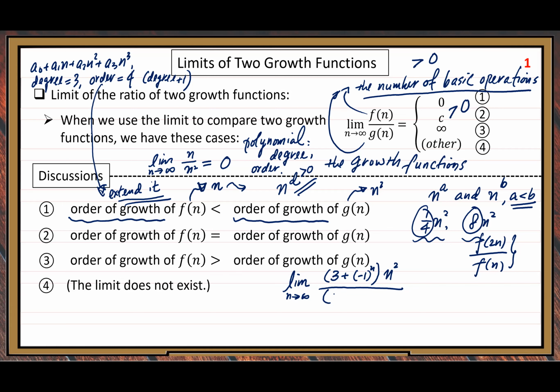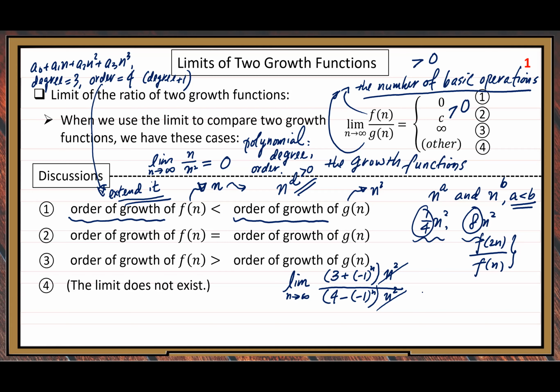The denominator function: 4 minus (-1) to the nth times n squared. n squared can be canceled out, but that ratio does not exist.